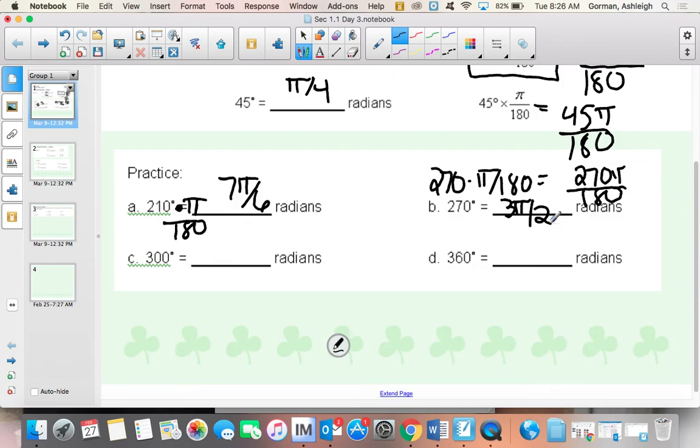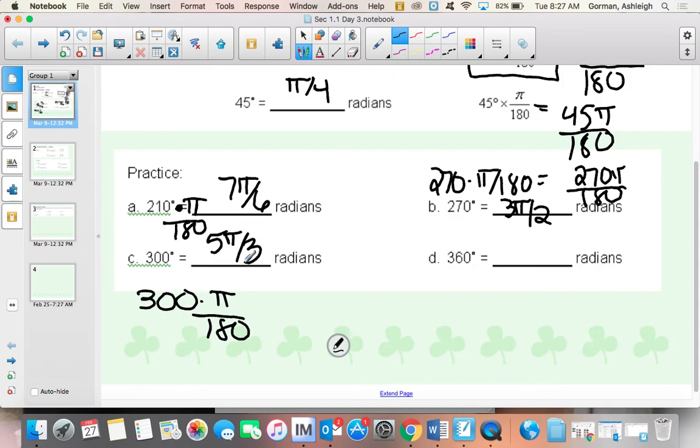For 300 degrees, again, I'm just going to multiply 300 times pi over 180. And that's going to give me 5 pi over 3 radians. And the last one, 360, that's one full circle.